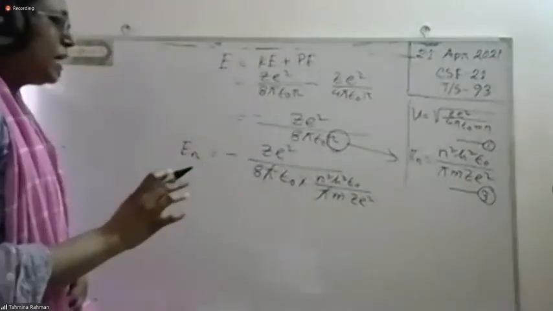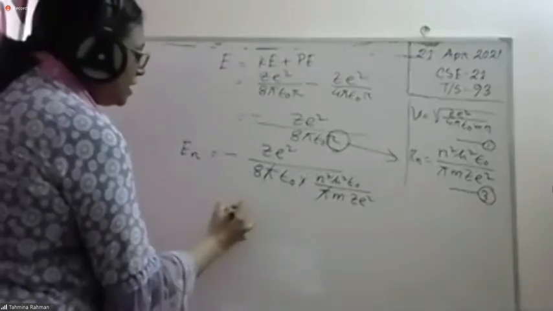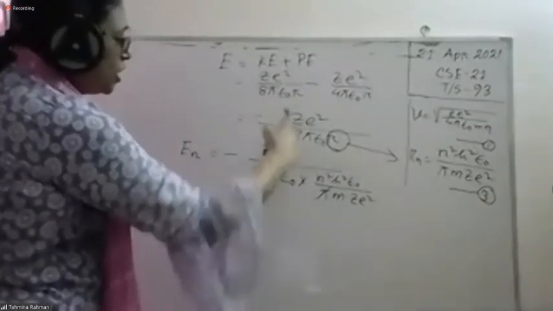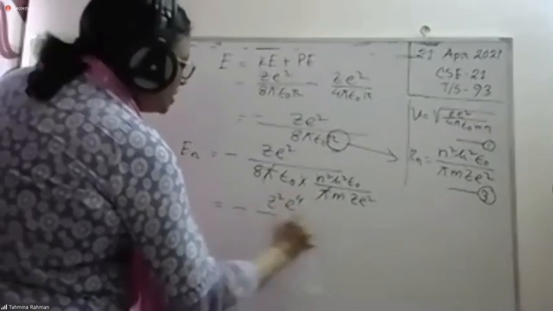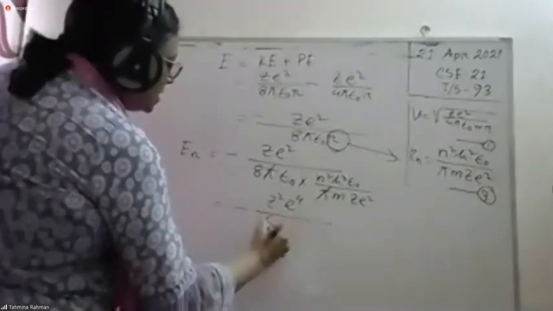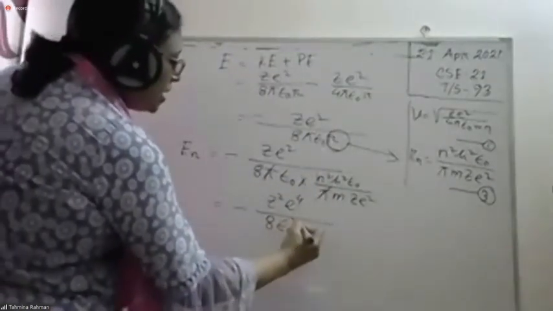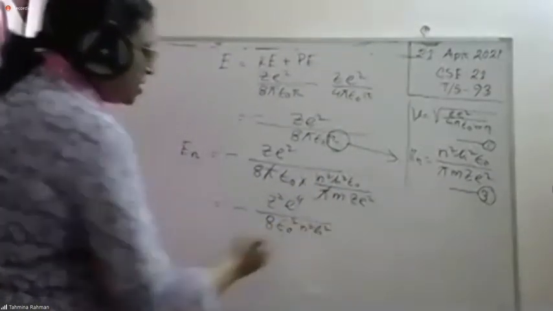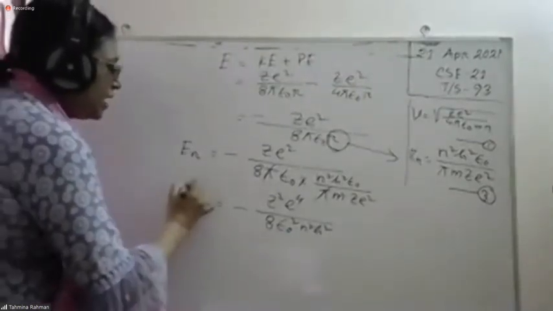So pi and pi cancel, nothing else. Okay. So finally we can write minus, the Z goes up, so Z squared to the power 4 divided by 8 epsilon naught squared n squared h squared. So this is our energy level.